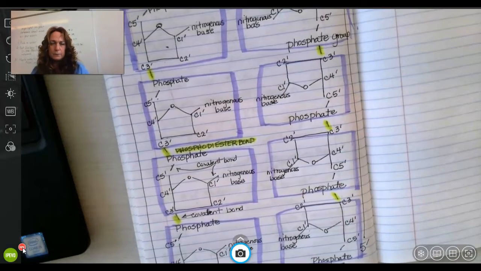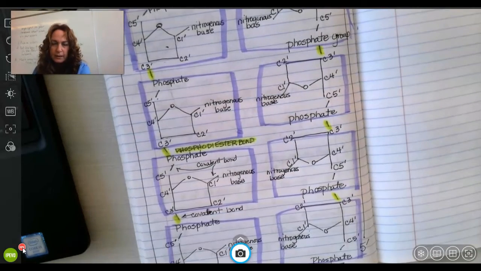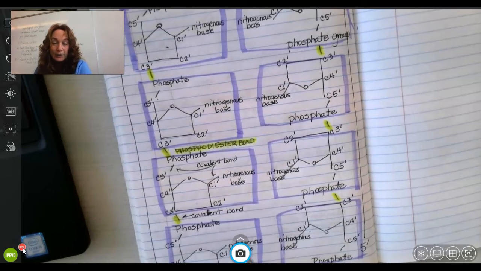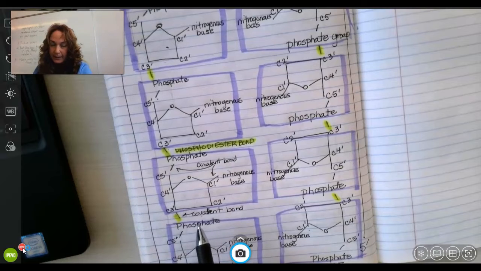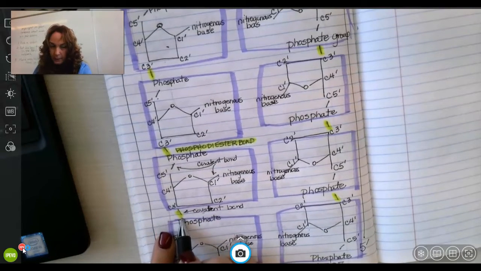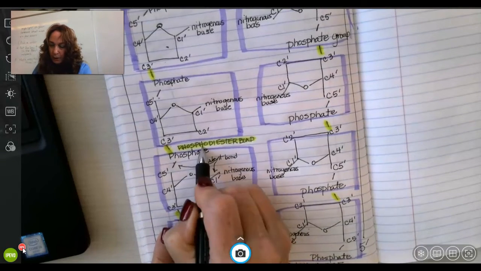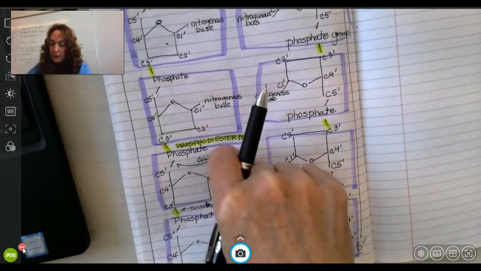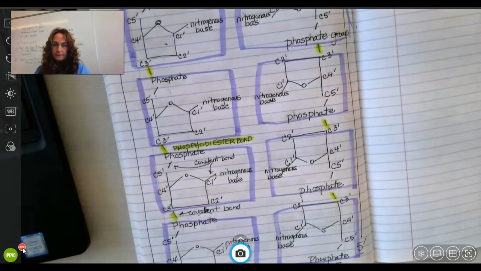So all of the yellows are the phosphodiester bonds that are the actual name for the covalent bonds. All of these were created by dehydration synthesis. It's between monomers. We've learned that over and over.